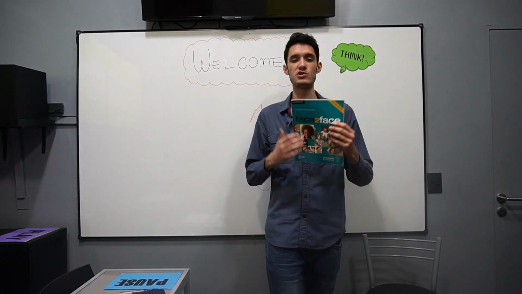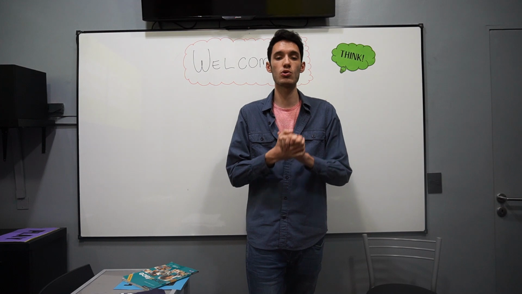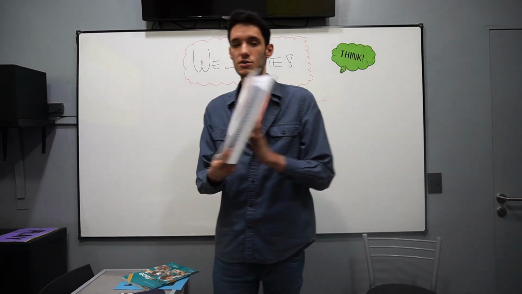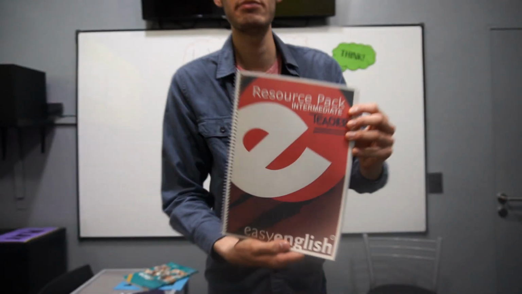Now we are going to get rid of face-to-face. So goodbye face-to-face. And we're now going to work with the resource pack, the red one that says resource pack intermediate.